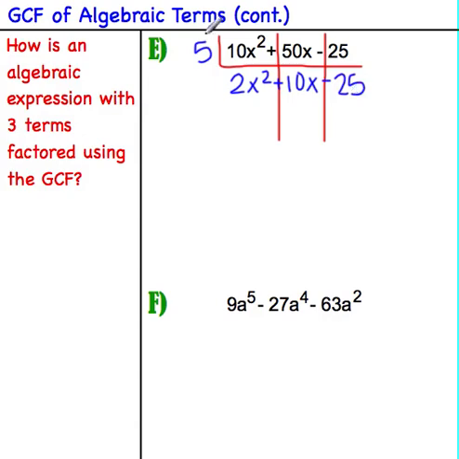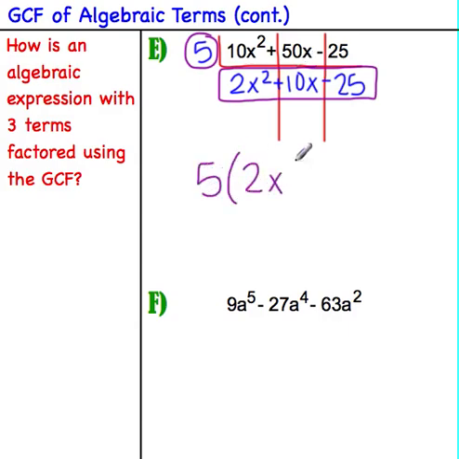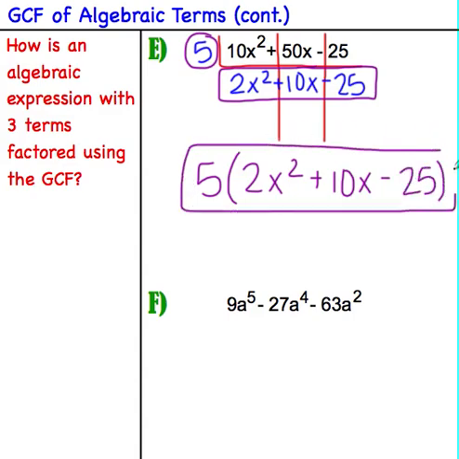So I look here, I've got my number outside my parentheses and my number inside my parentheses. So we can go ahead and rewrite this as 5 times the quantity 2x squared plus 10x minus 25. And that is my completed answer.